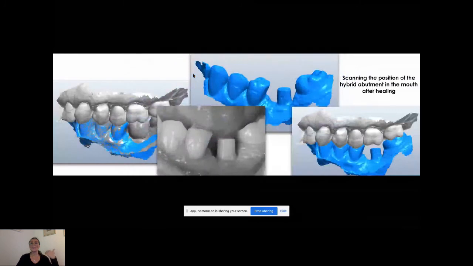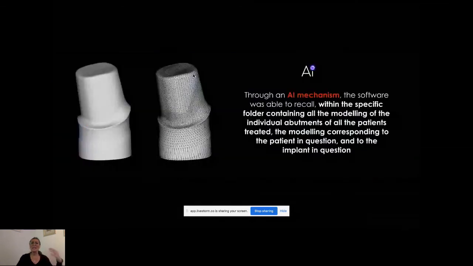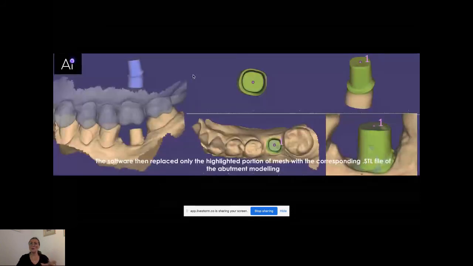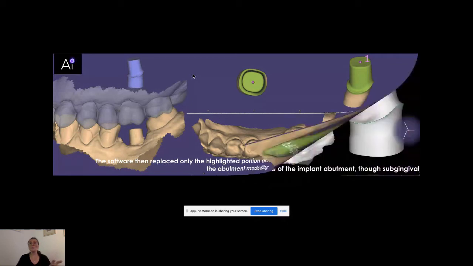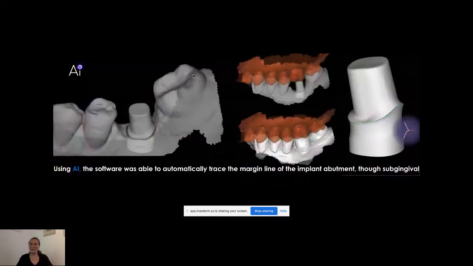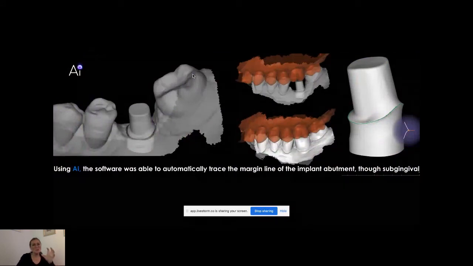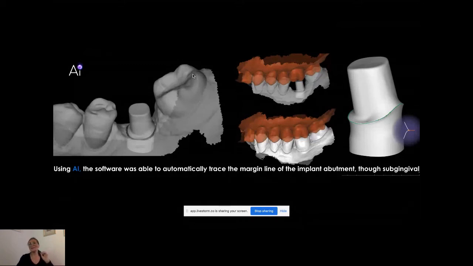Then when we scan the position of the hybrid abutment after healing, the computer, based on artificial intelligence, is able to recall this STL data from the right patient, from the right tooth, and match it with a highlighted zone of our new scanning. So this is artificial intelligence. It's also possible to recognize the line of the abutment independent of the position of the gingiva. This is just a small hint of what artificial intelligence is able to do, and much more is coming in the future.